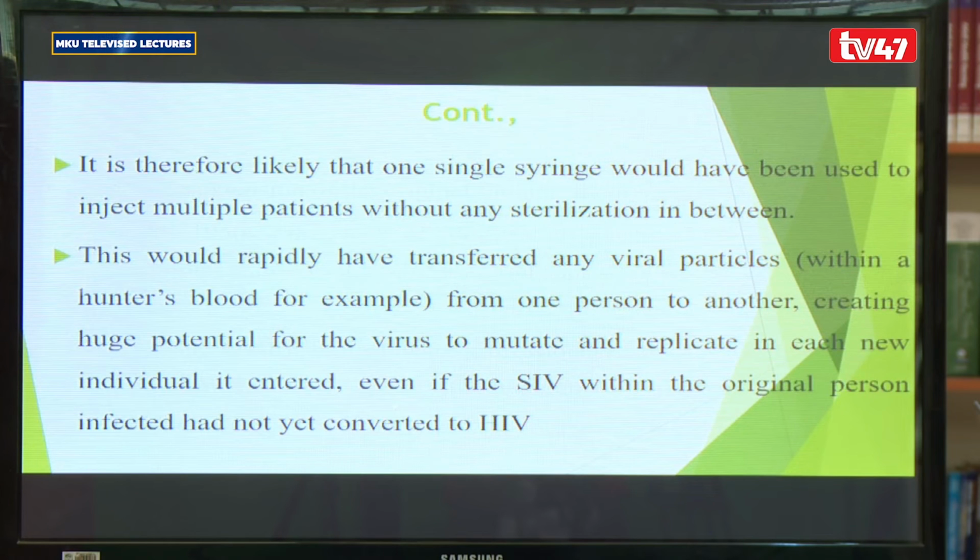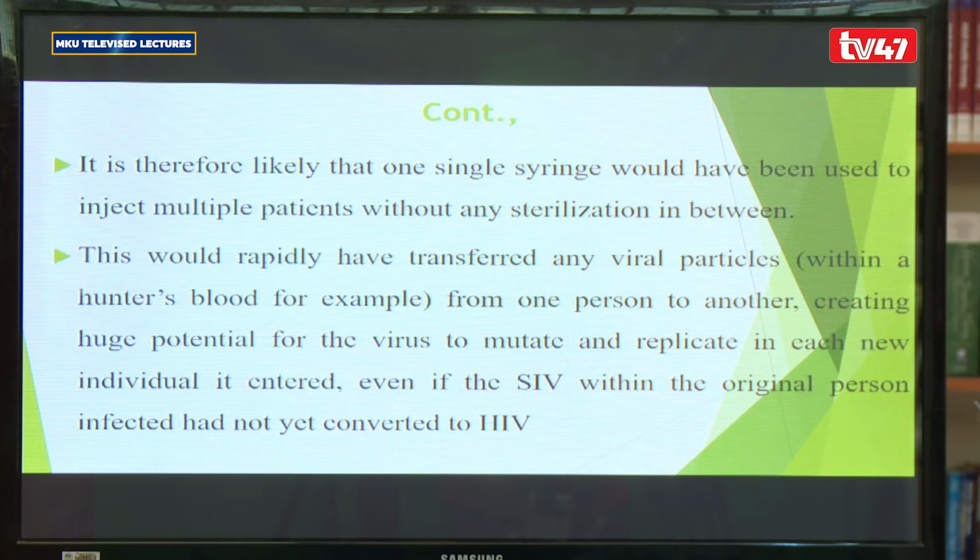It is therefore likely that one single syringe will have been used to inject multiple patients without any sterilization in between. This will rapidly have transferred any viral particles from one person to another, creating huge potential for the virus to mutate and replicate in each new individual it encounters, even if the SIV within the original person infected had not yet converted to HIV.